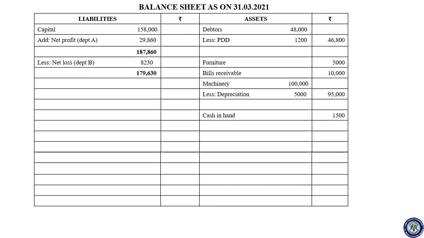Okay, next. So if there is any drawings, then you have to deduct. So there is a drawings of 7,580 that you have to deduct. So less drawing 7,580. The net figure, that is 1,72,050. That is the net capital.